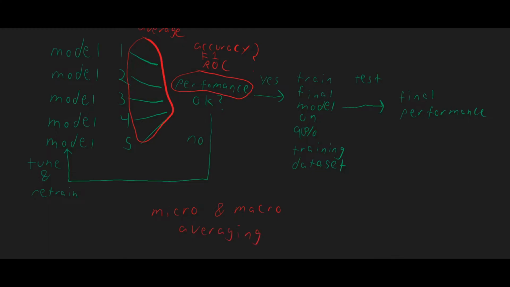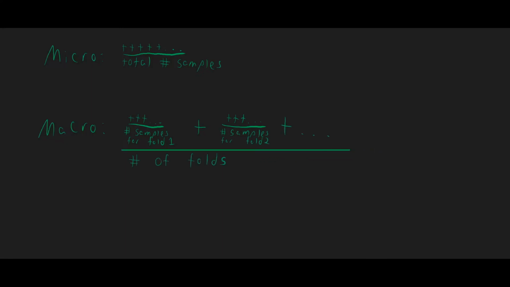With micro averaging, you take all of your positive and negative samples along with your positive and negative predictions, and you are tracking them across all of your models as they are predicting. However, with macro averaging, you are calculating the performance metric after every model is finished training and validating. Then you are averaging over all of those performance metrics once cross-validation is over.